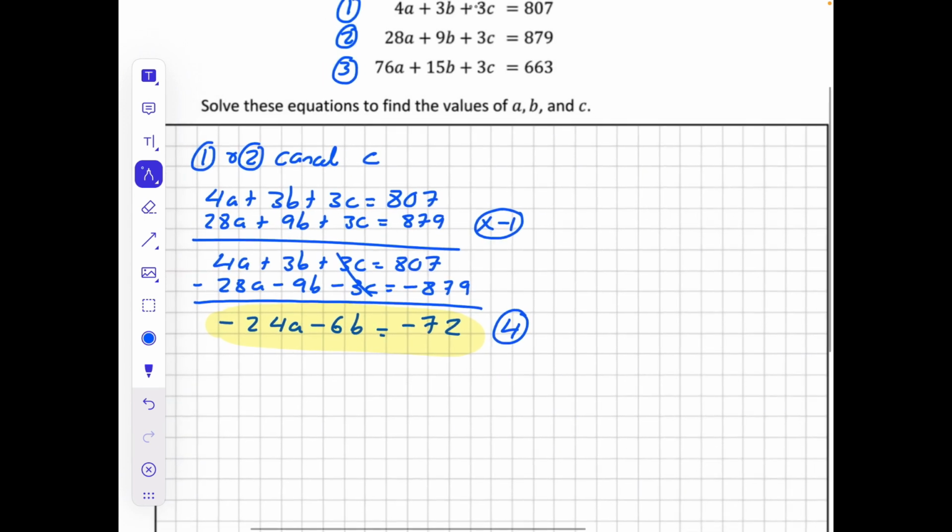Now I've done 1 and 2. Next thing I'm going to do 2 and 3. And I'm going to cancel C again. Okay, you could also do 1 and 3 there if you prefer.